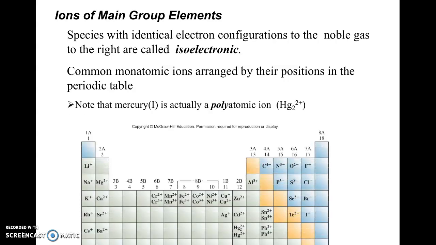And you can see that the first 2 groups, the alkali metals and the alkaline earth metals, make +1 and +2 cations, whereas your anions happen to be in that top right-hand corner of the periodic table. And then we see some examples of the ions you get from transition metals.